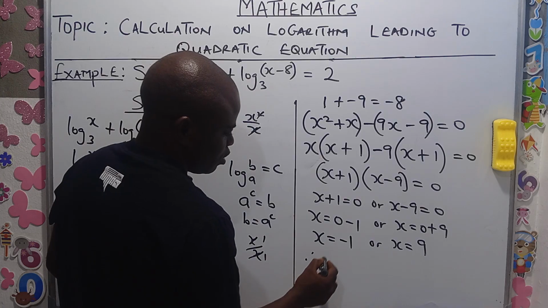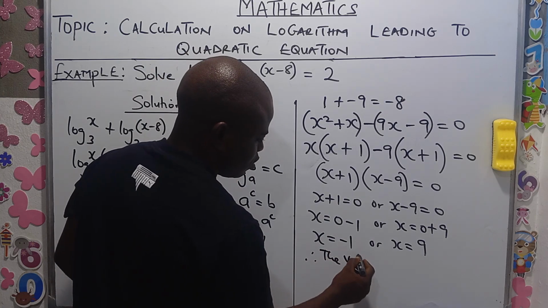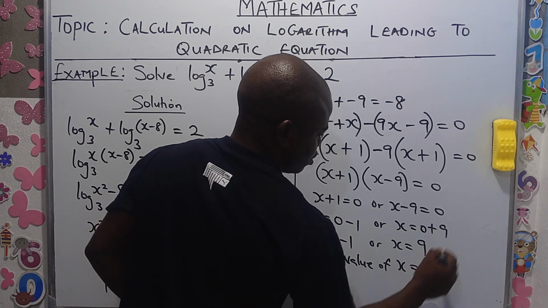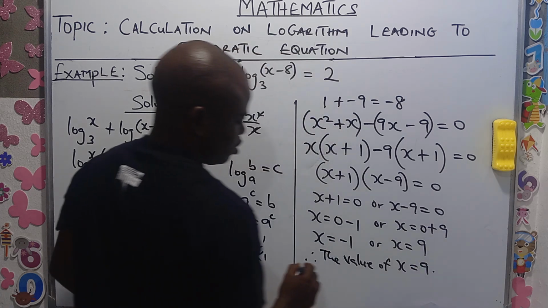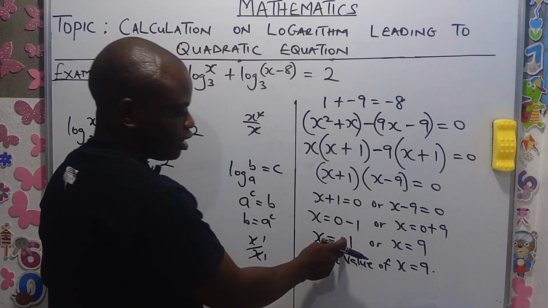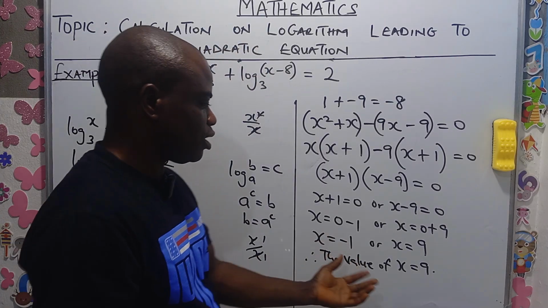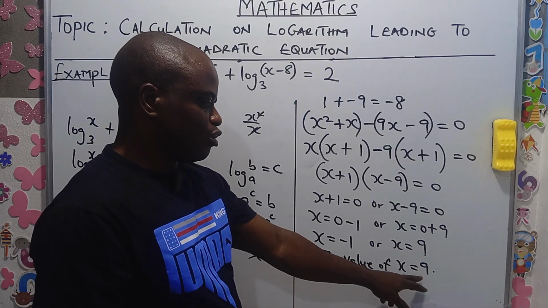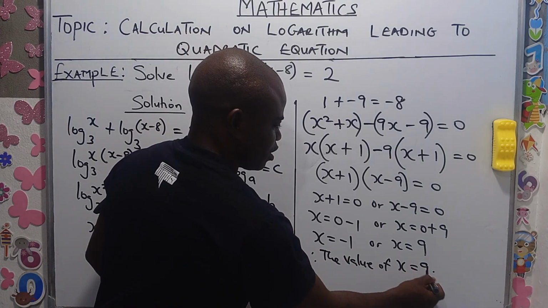Therefore, the value of x equals 9. This cannot be negative because the value of x cannot be negative. Pick the value that is positive to be the value of your x.